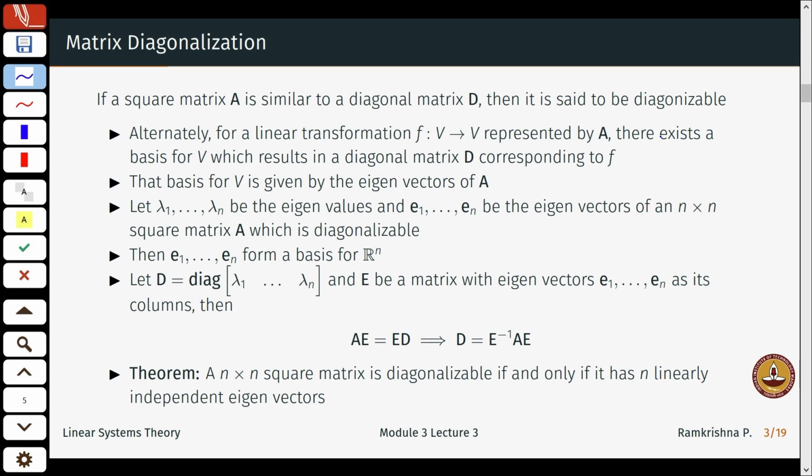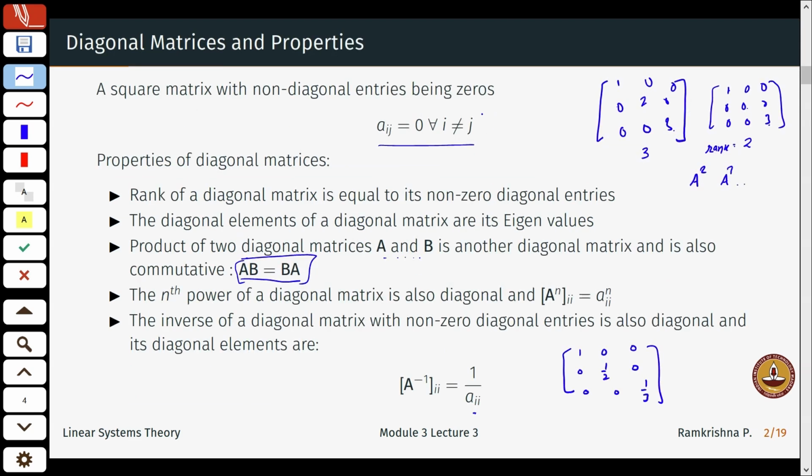Now, given a matrix, it is not always in the diagonal form. Then I ask myself a question: can I actually bring it into a diagonal form? Why do I need to do this? It's to exploit some of the properties discussed in this slide.